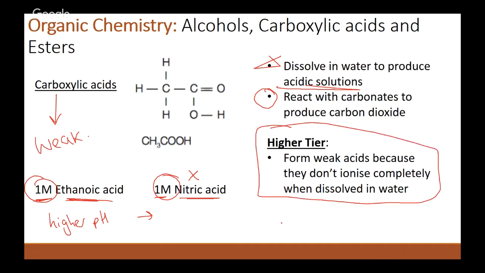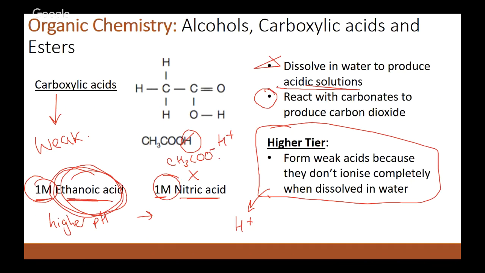And the reason being is the following. The whole thing that makes an acid is the presence of hydrogen ions. So when these carboxylic acids here dissolve in water, they don't ionize completely. They don't completely split into hydrogen ions like this.